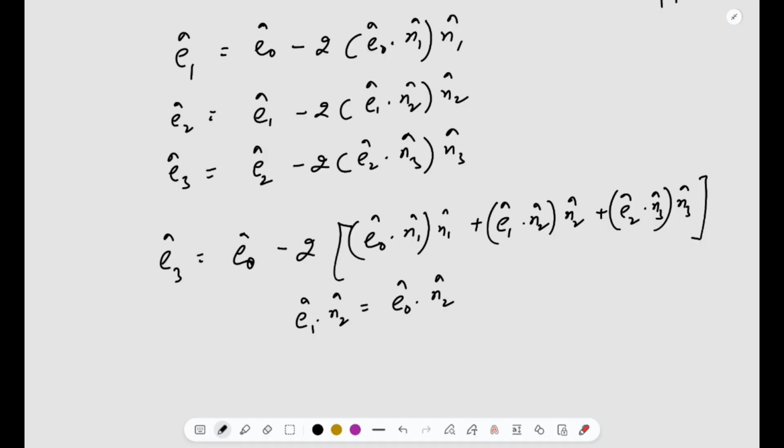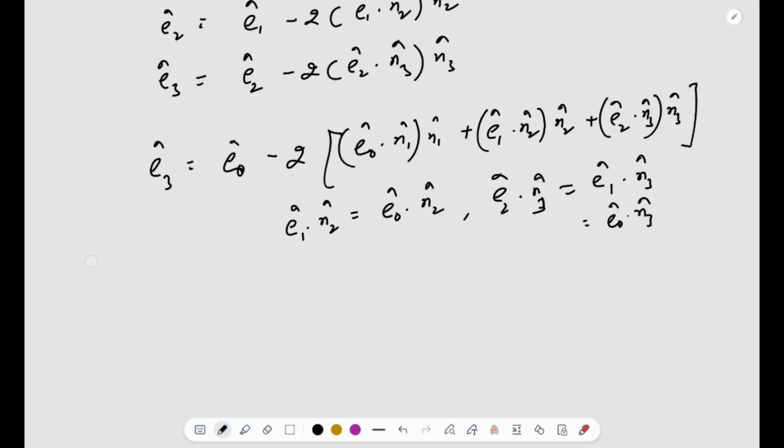So 0 can be equated to another 0, or you can also write that E1 dot n2 equals E naught dot n2, and E naught dot n3 will be equal to E1 dot n3, and that will be equal to E2 dot n3. You can write like this because all are zeros.